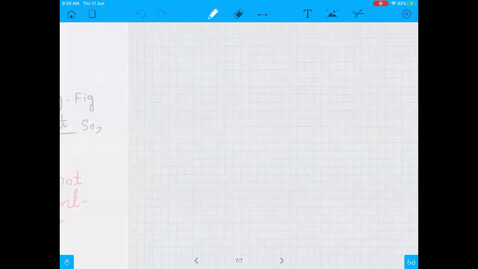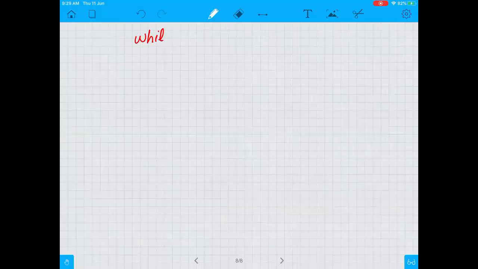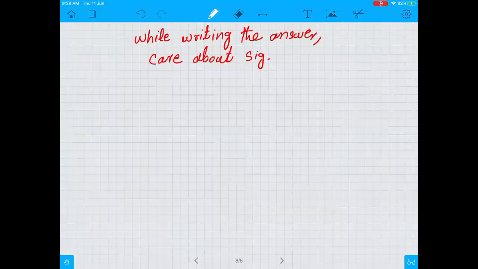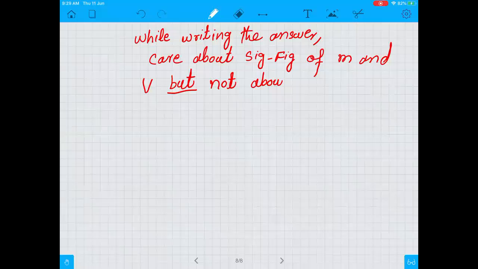So while writing the answer, care about the significant figures of data values which are m and v, but not about the constant that is 1 over 2.